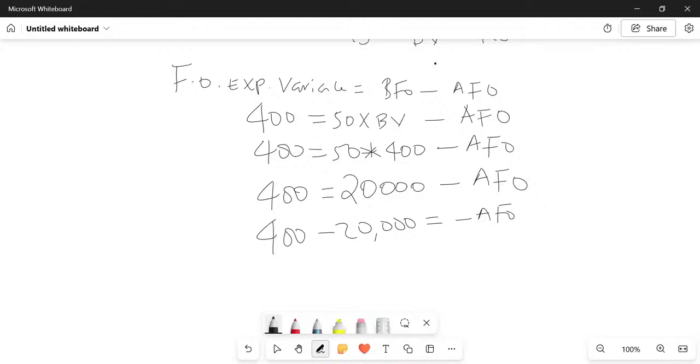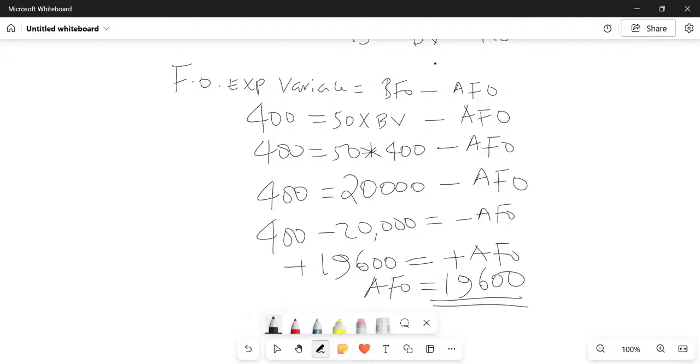So this will be minus 19,600 equals minus AFO. Minus and minus cancel out, meaning that the actual fixed overheads, or actual production overheads, is 19,600.